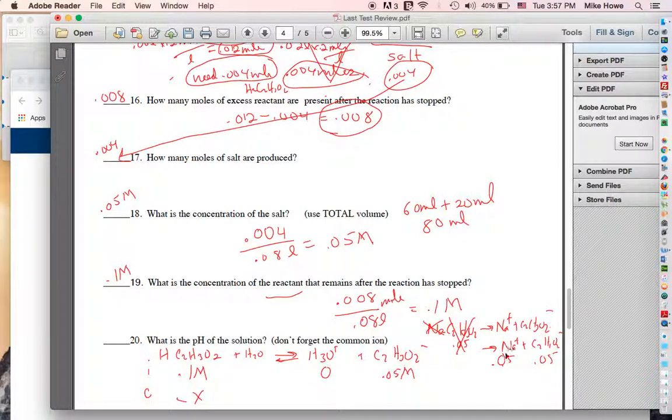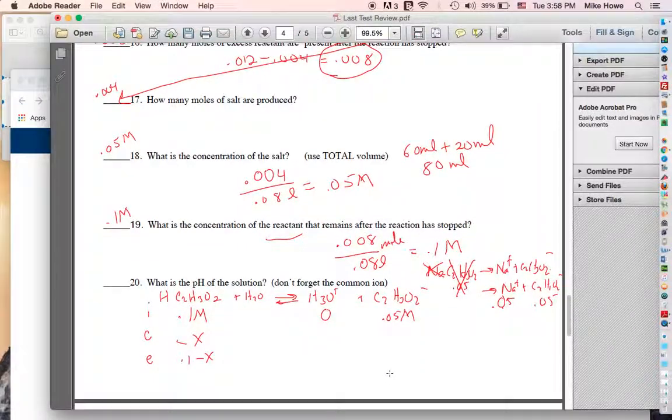So the sodium doesn't matter because it's not in this equation, but the acetate is. That's a common ion. Remember the ions in common we talked about in class. So we start with 0.05 of the acetate ion. We know that if X amount of this reacts, we're going to get some of this and some of that. So at equilibrium, we'd have X amount of the hydronium, but we'd have 0.05 plus X of the acetate.